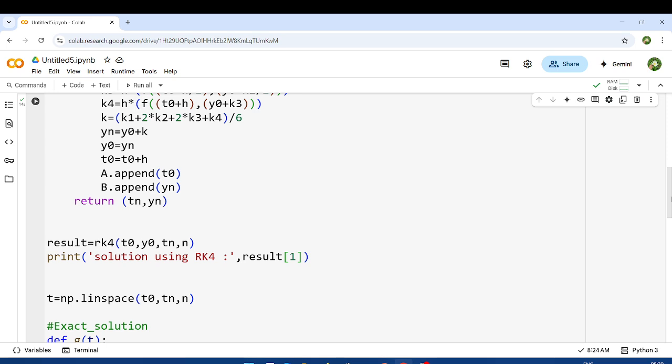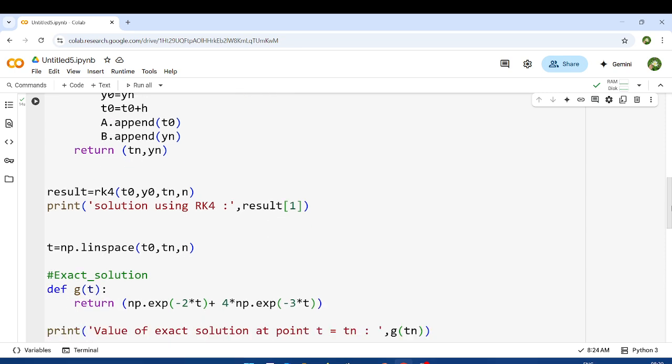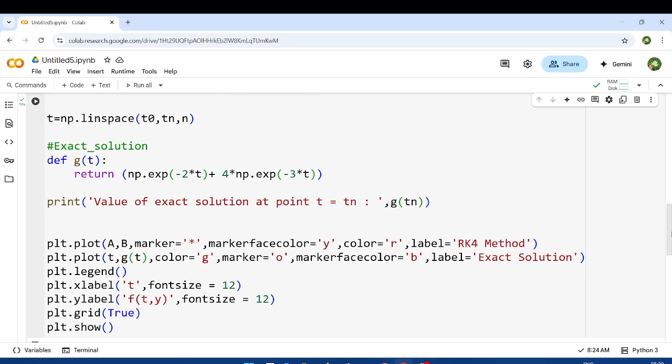And then I have taken a new variable, say result, and put in the value of result as RK4 of t0 comma y0 comma tn comma n, and print the solution of RK4, that is result. And then I have written the t domain, that is t equals np.linspace t0 comma tn comma n.